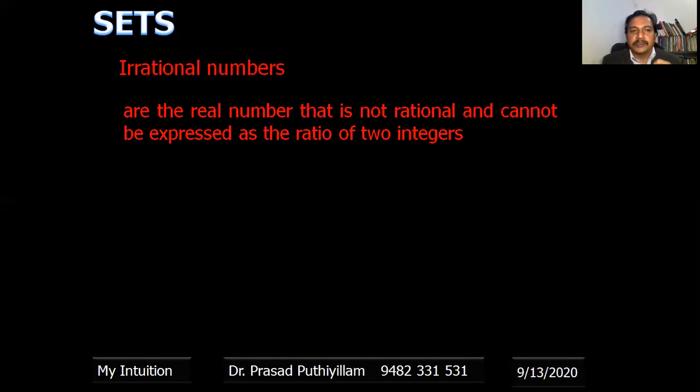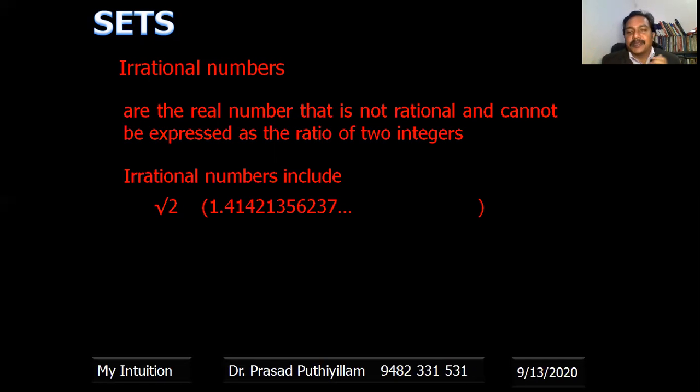Irrational numbers are real numbers that are not rational and cannot be expressed as the ratio of two integers. We cannot write them in the form p by q because they may be infinite. Irrational numbers include the square root of 2, which is 1.4142135623 and so on, so it goes on infinitely.